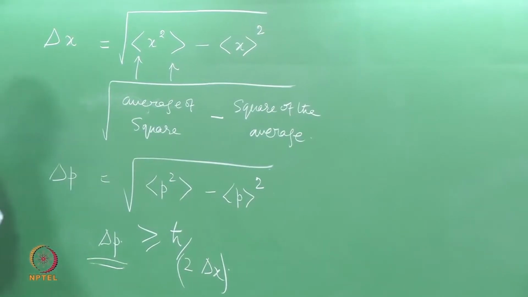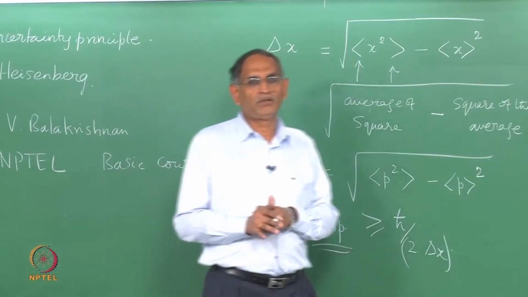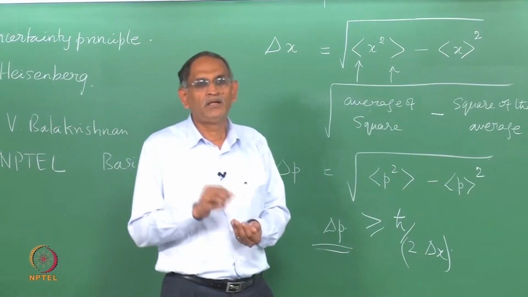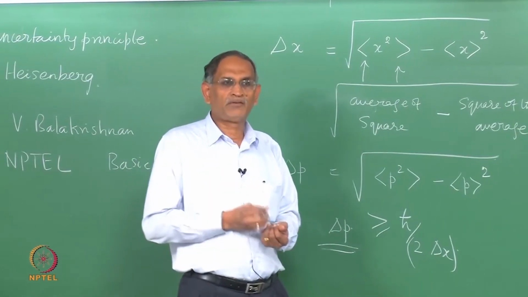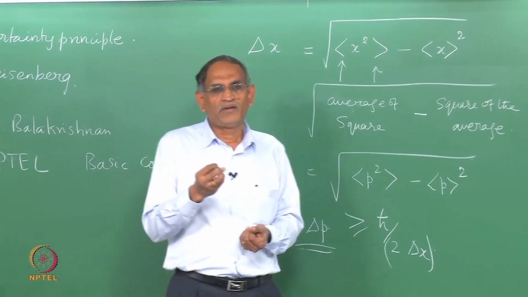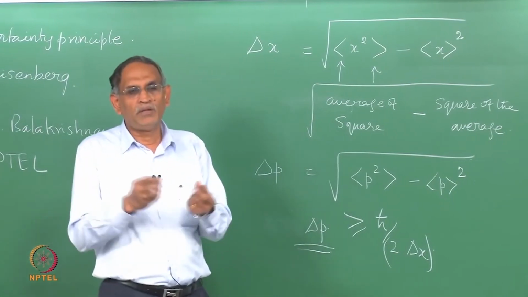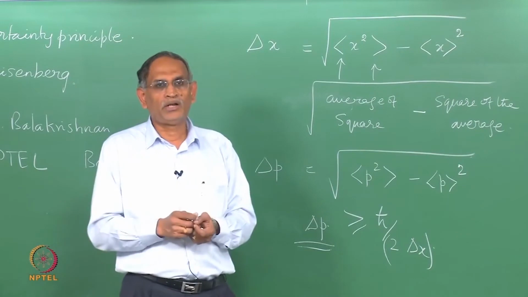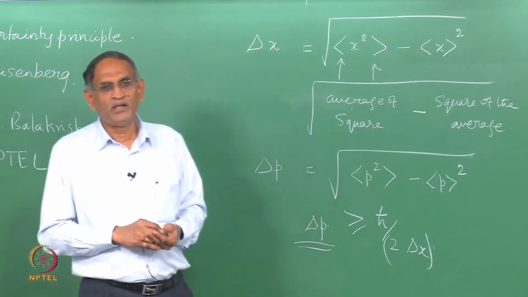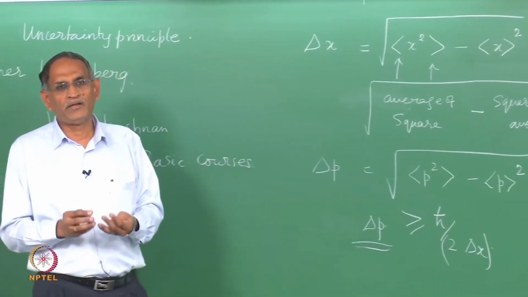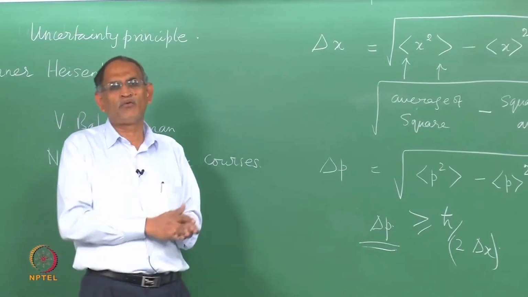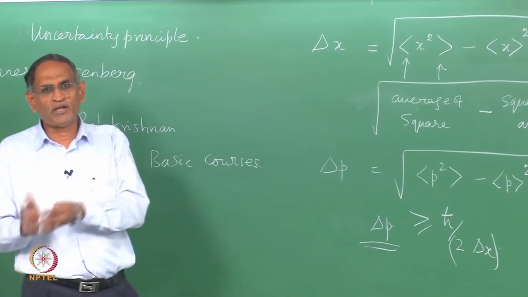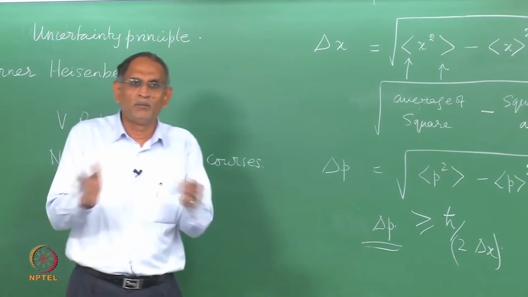What it also means is that position and momentum cannot be simultaneously used as variables for describing the state of a particle, as independent quantities. The state of the particle can either be very precisely stated using the position or very precisely stated using its momentum, but not both.